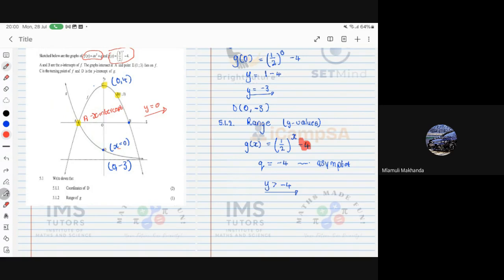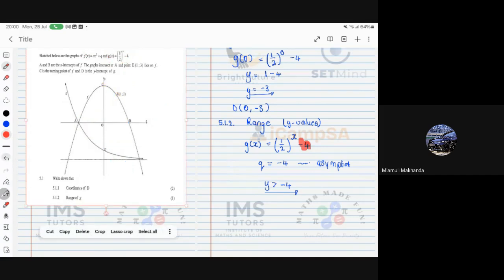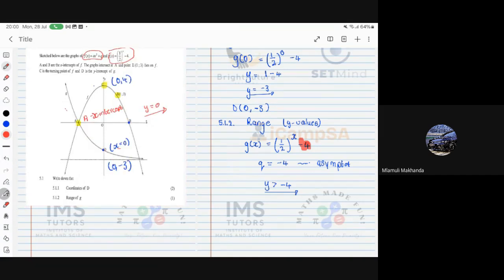This one doesn't fit perfectly, but you get the idea. The straight line passes through A and D. So this is the straight line that we are asked to find the equation for.